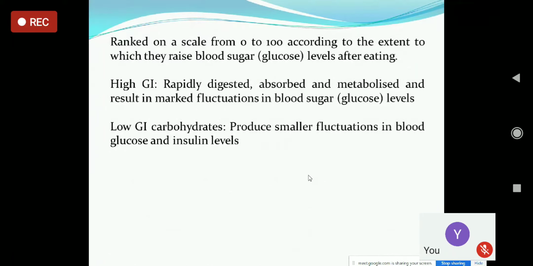So the foods that have lower glycemic index are better, especially for diabetics. You do not want the blood glucose level to fluctuate rapidly. So that is why you try to give food which has lower glycemic index and lower glycemic load.